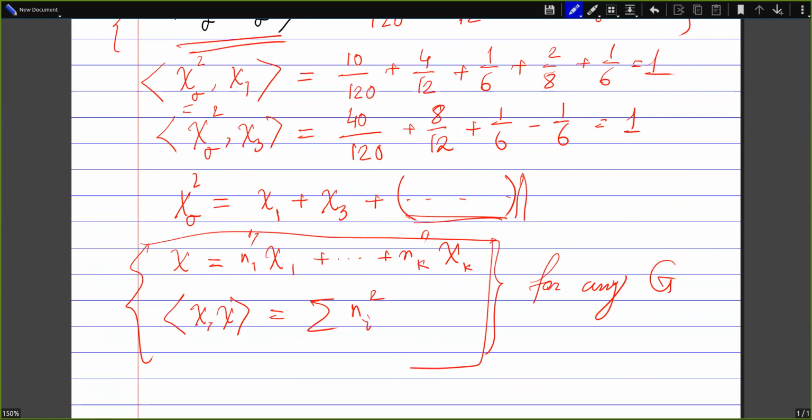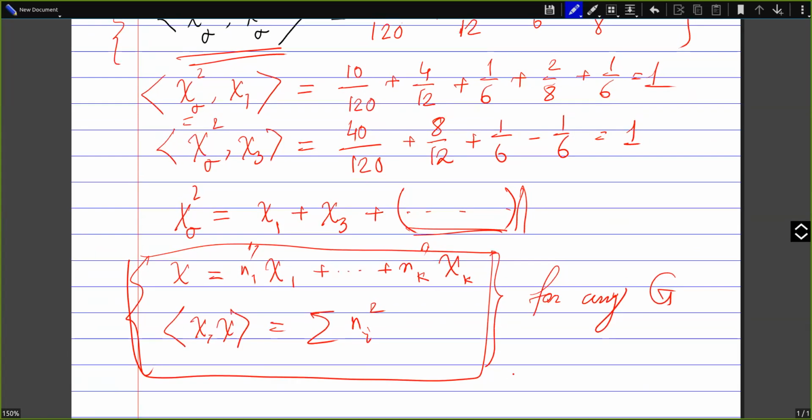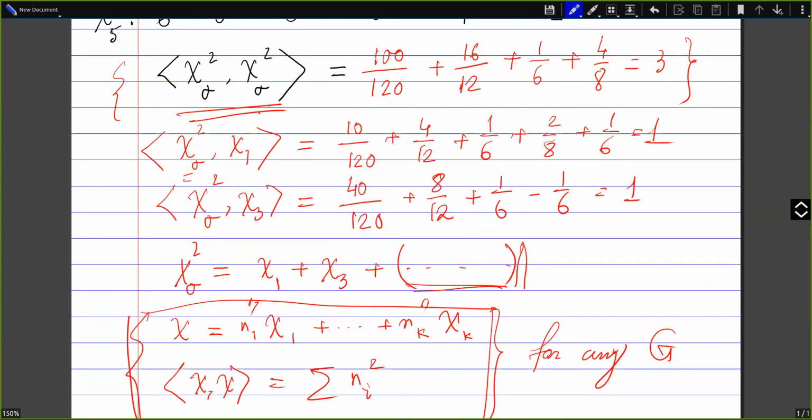So if you use this here, this is nothing but the sum of the squares of the multiplicities, and here are already two characters with multiplicity 1 and 1, and the sum is 3. So therefore it shows that there is exactly one more character with multiplicity 1, because then only 1 plus 1 plus 1 will be 3.